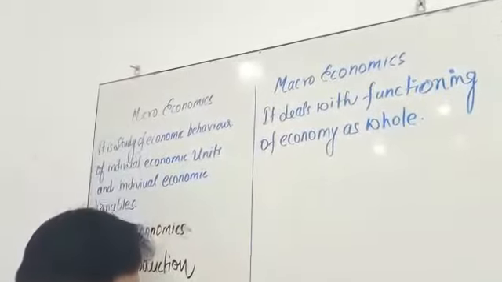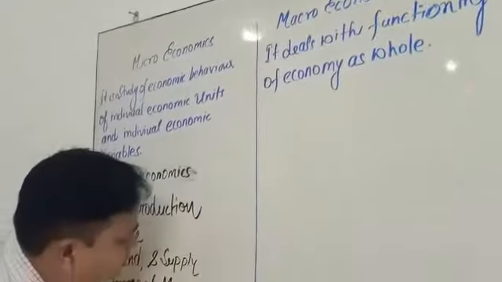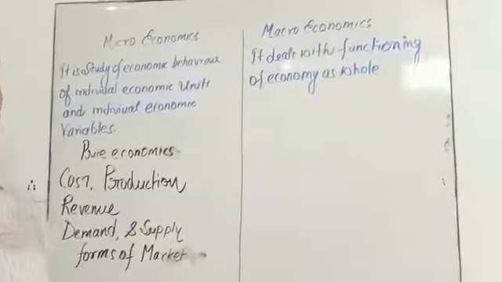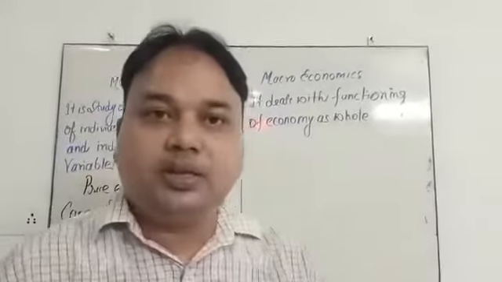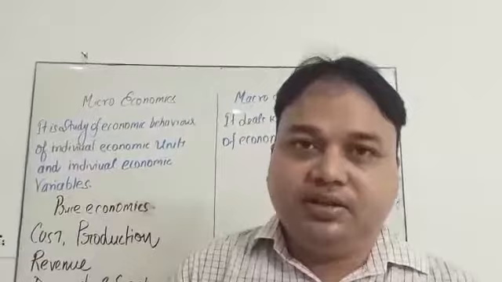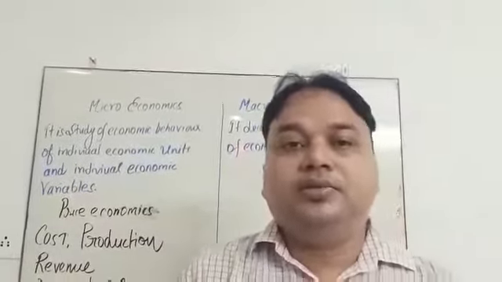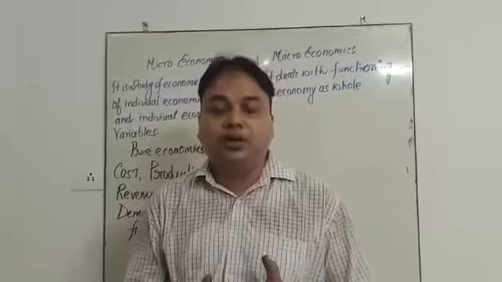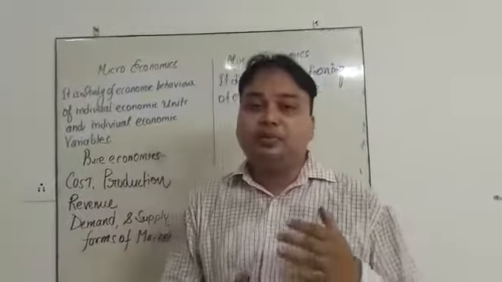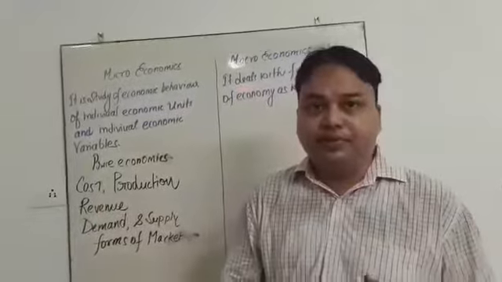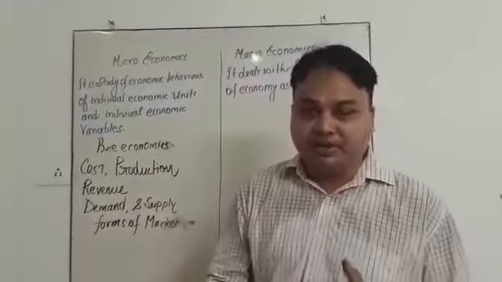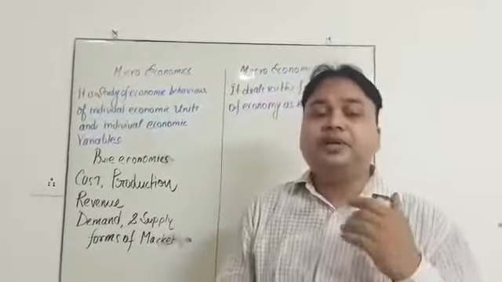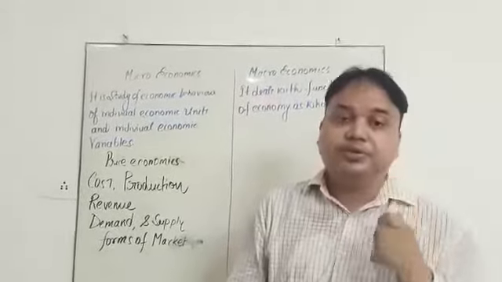So simply you can say that in microeconomics we study price, cost, production, and different forms of market: monopoly, monopolistic competition, oligopoly, etc. You also have to study revenue as well as profit maximization. All these things come under microeconomics. That is why when we study individual units, we have to study these things.